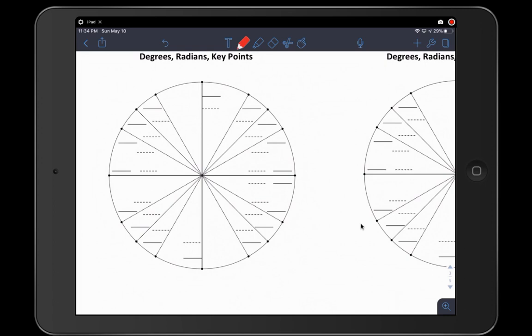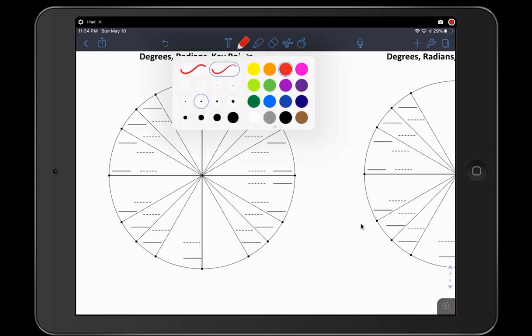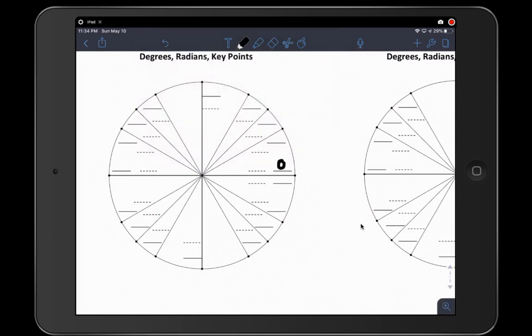So let's start with degrees. I think degrees are easier for me because they are not fractions. Sometimes fractions are a little harder to think about. So I'm going to start with my 0 and put the 360 here. Now, it doesn't really matter where you put the degrees and the radians, dotted line, solid line, either way is fine. All right, and then like I like to do, I'm going to cut everything in half.